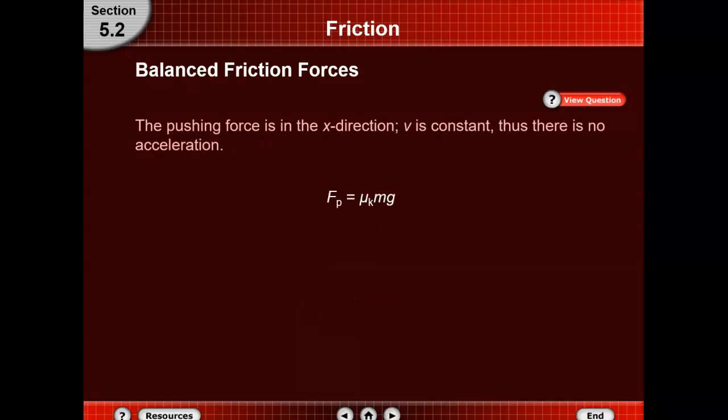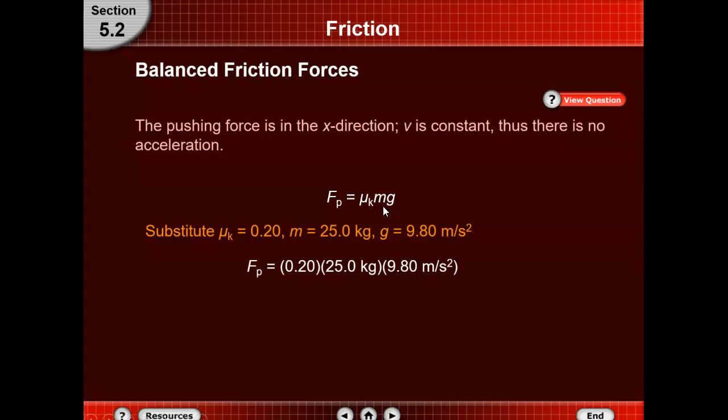Because there's no acceleration, that means that our push force and our friction force are equal. So our push force, our force applied, is the coefficient of kinetic friction times the weight of the object. We have our coefficient of friction, we have the mass, and we're going to use 9.8 meters per second squared as the acceleration due to gravity.